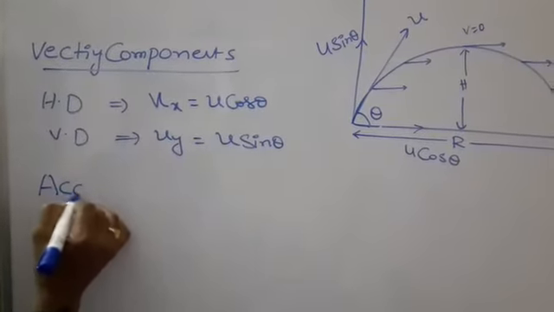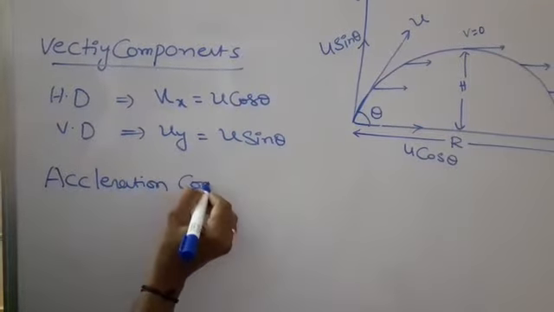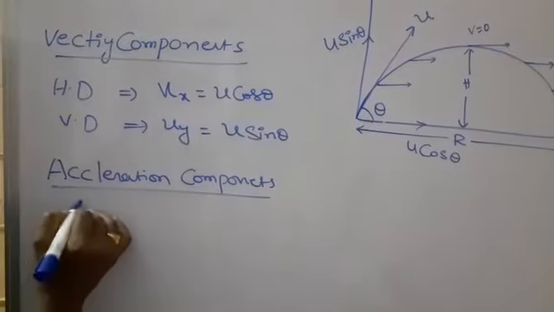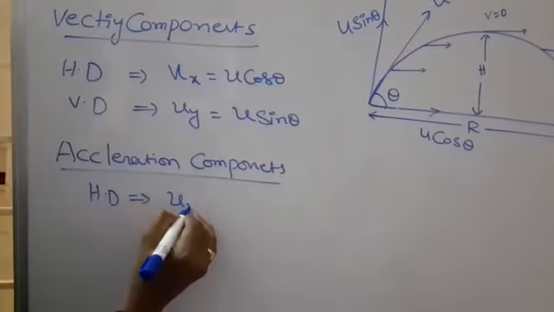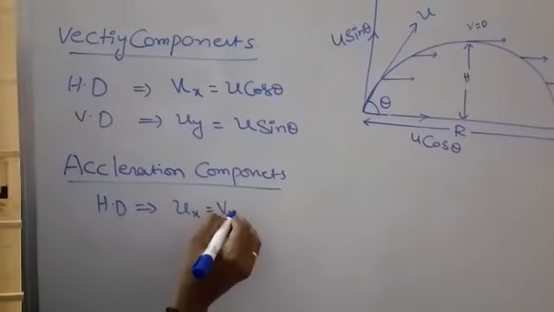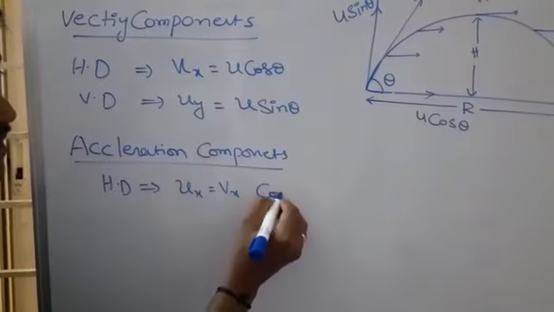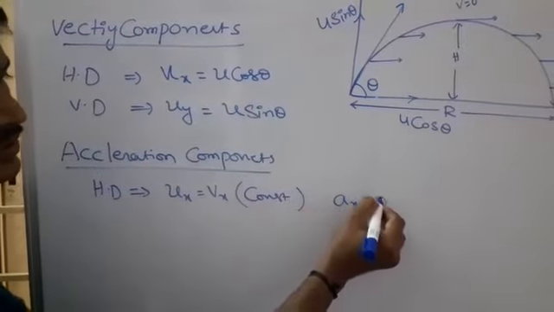Acceleration components. In the horizontal direction, the velocity ux is equal to vx, meaning the horizontal velocity remains constant, so the acceleration is 0.